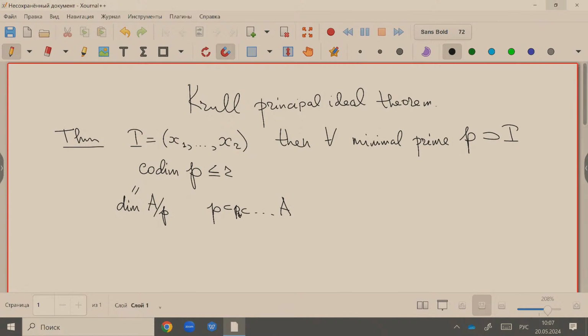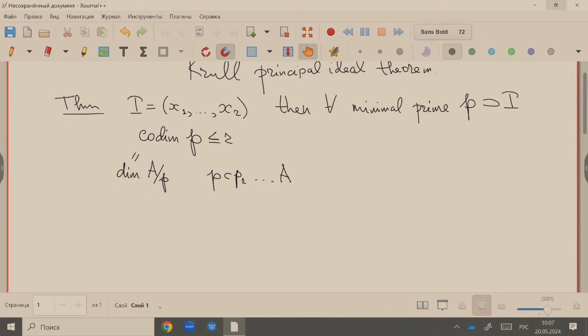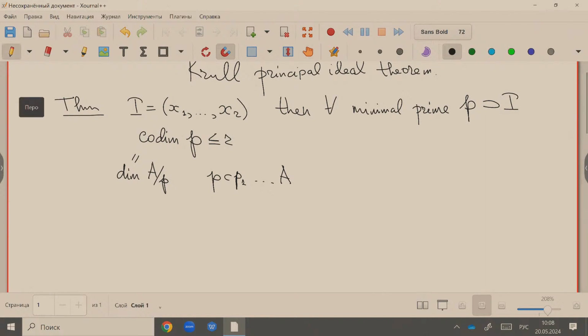So one can state the converse of this statement, but the converse is not exactly like this.